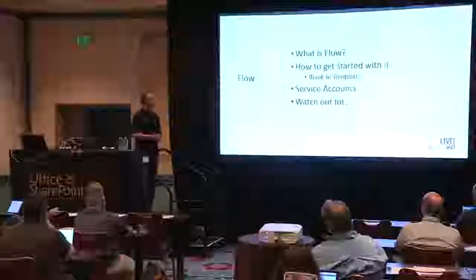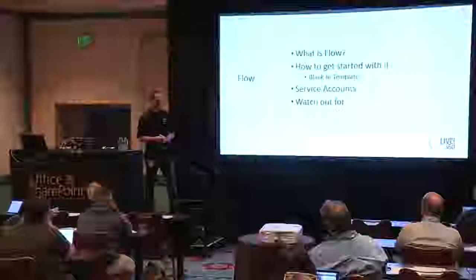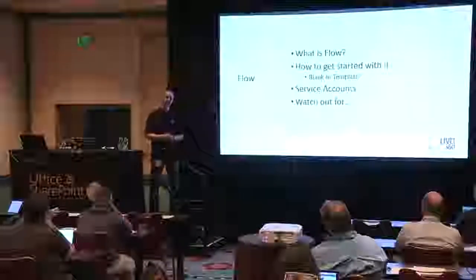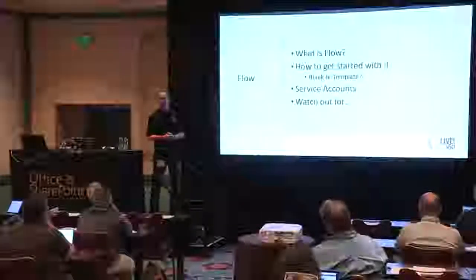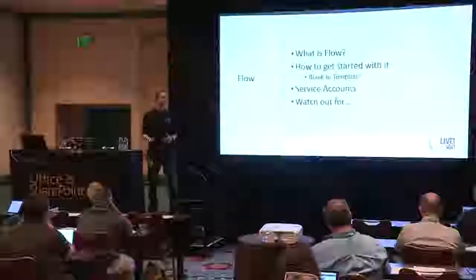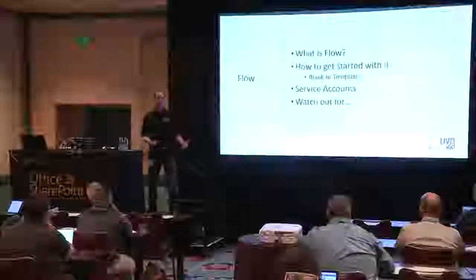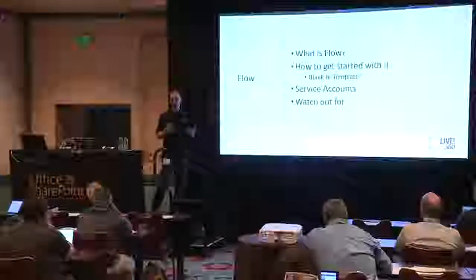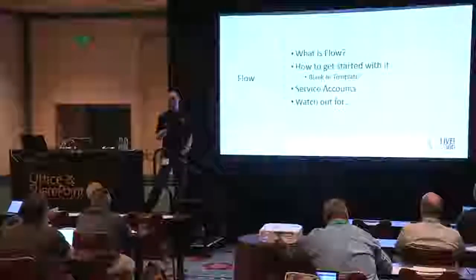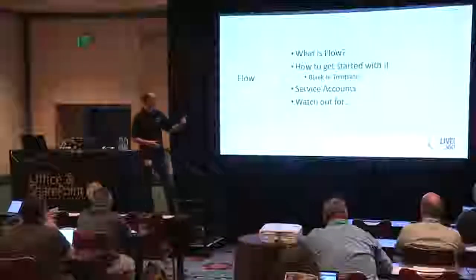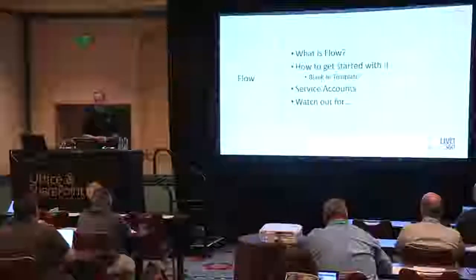So I really encourage you, if you're going to do Flow, and as you start creating those different connections to various services, make sure you use a service account so that it's not tied to a particular individual. If that person leaves, the connection will break. For auditing purposes, it would show up as taking place as that person. So take advantage of service accounts with Flow.